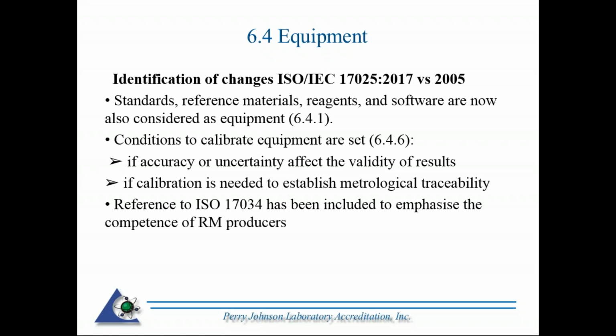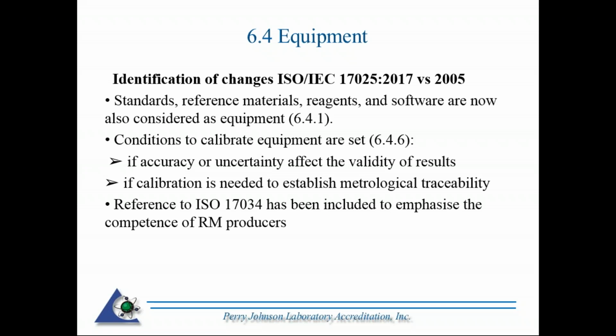Okay, changing gears here. We are going to move on to section 6.4, equipment. Looking at 2017 when compared to 2005, there's been an expansion. Standards, reference materials, reagents, and software are now considered as equipment.